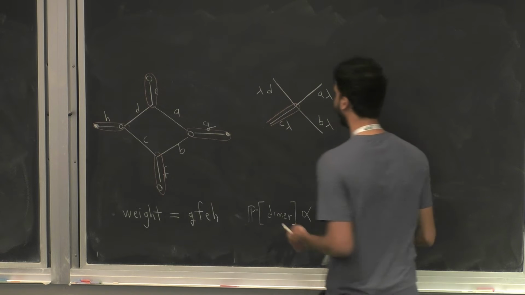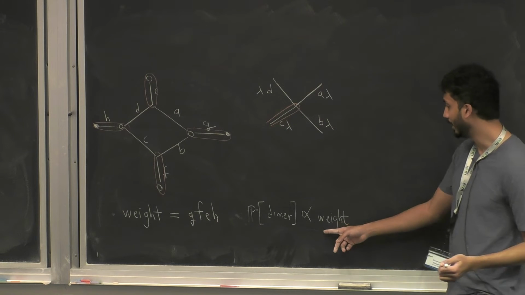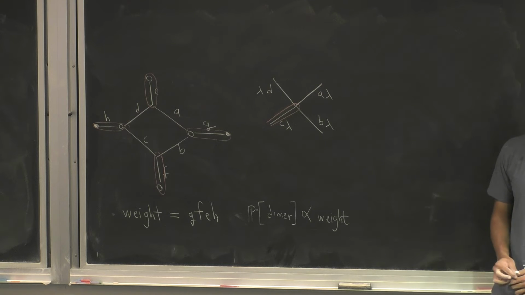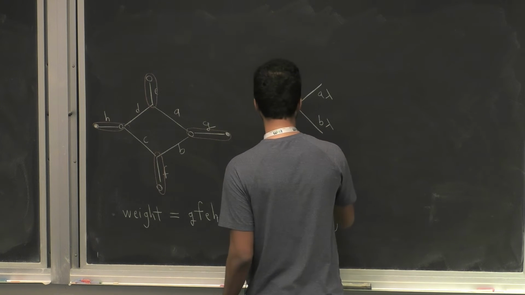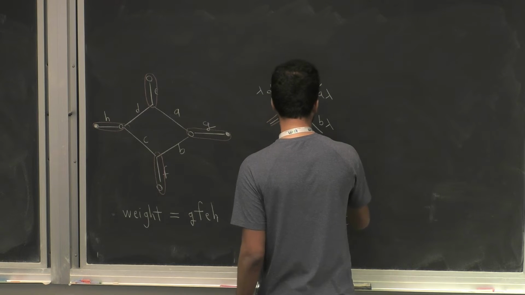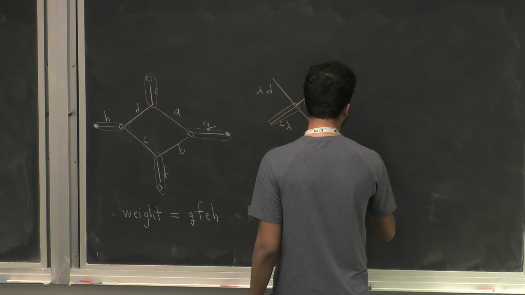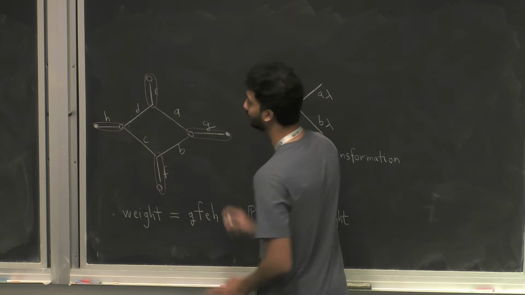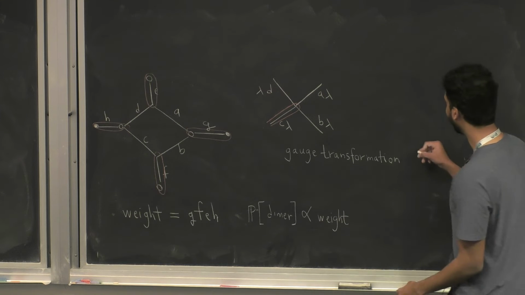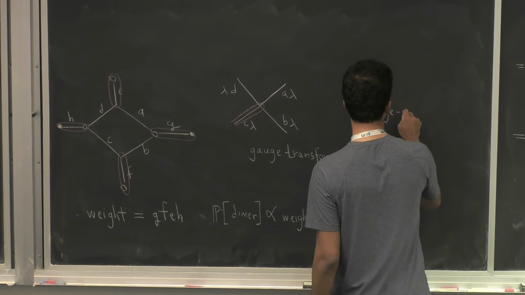And so the weight of every dimer cover gets multiplied by the same constant. And when you normalize, the probability measure is still the same. So this transformation is called a gauge transformation, because it doesn't change the dimer model. And so more natural than putting weights on edges is to look at the space of edge weights modulo these gauge transformations.